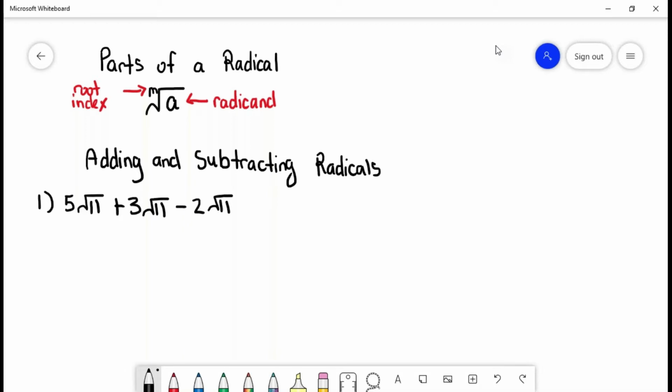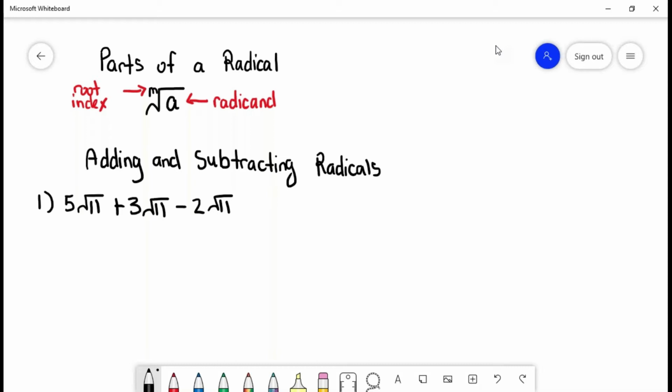So before we actually jump into these problems, it's really important to keep in mind that adding and subtracting radicals is really similar to adding and subtracting with variables, in the sense that in order to add and subtract radicals, they have to be like terms. So in order for you to actually simplify this, you would need to make sure these radicals are like terms.